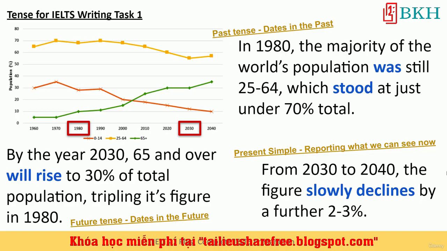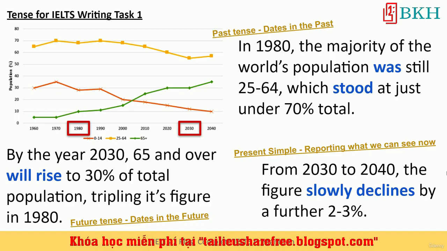So I use the present tense when I'm saying I am seeing this now, and I will report in this tense. Let's say in 2020, 0 to 14 decreases slightly. So I'm just reporting what I can see now. And I use the present simple to do this. But in future dates, we can use present simple too.